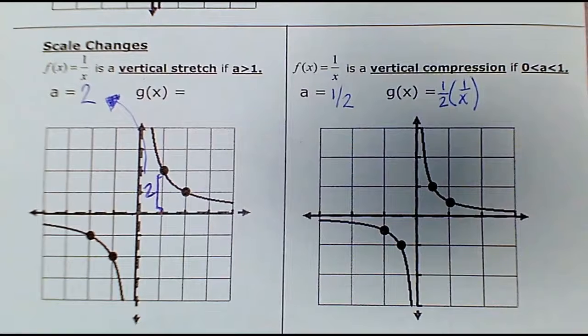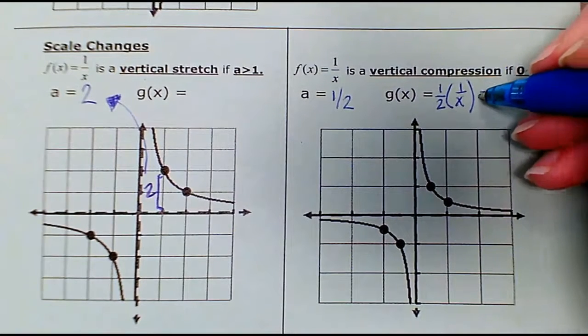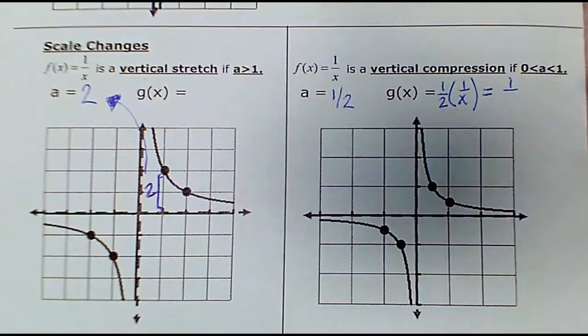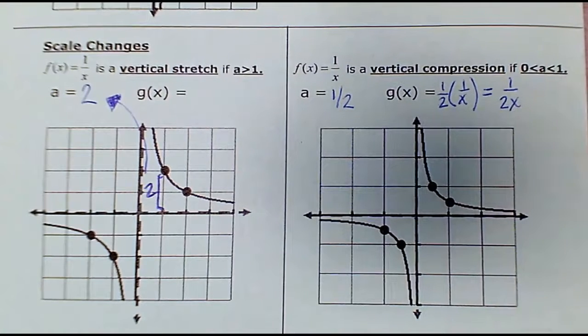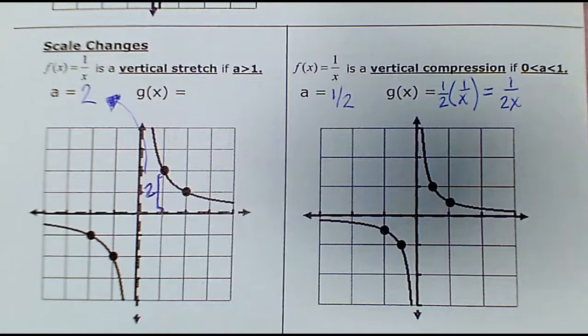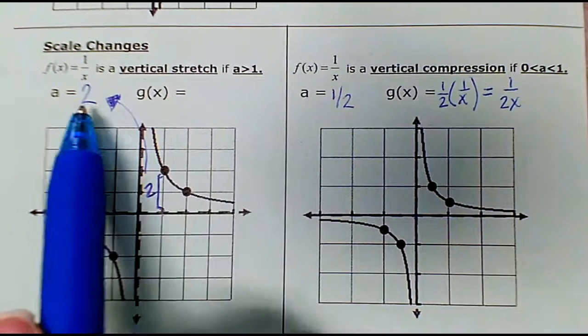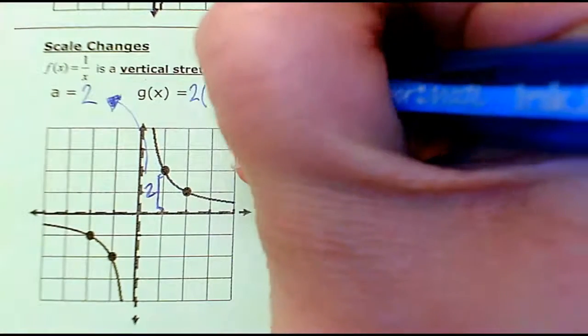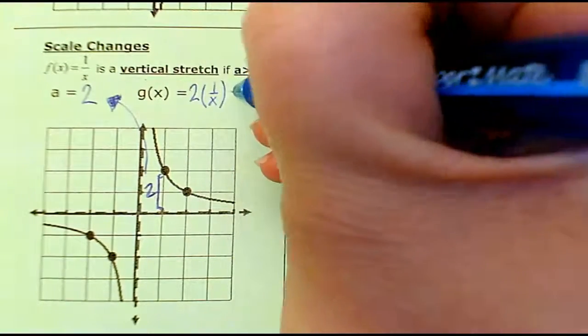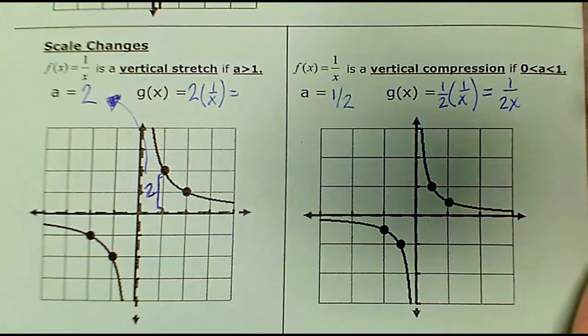Is there a different way that you might see this? 1 over what? 2x. Yeah, you might see it that way. I know we didn't write the function g of x for that vertical stretch, but if I were to write this out in front, 2 times 1 over x, and if I were to really multiply these together, where would the 2 go?